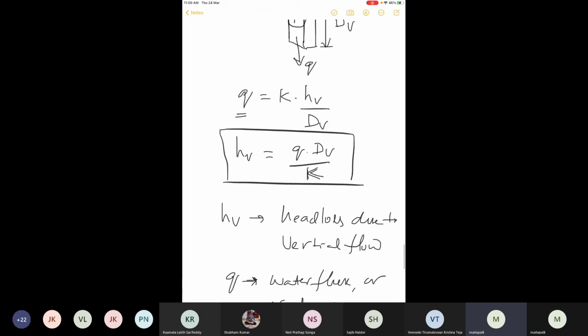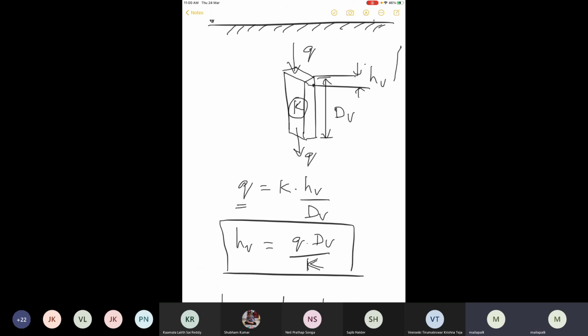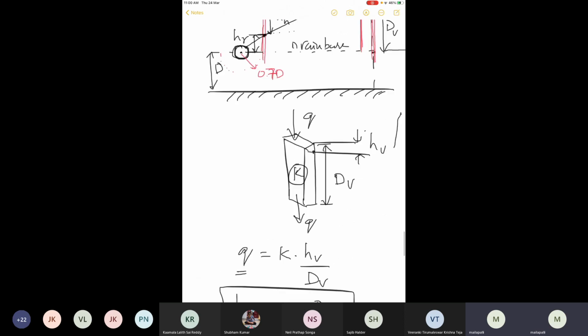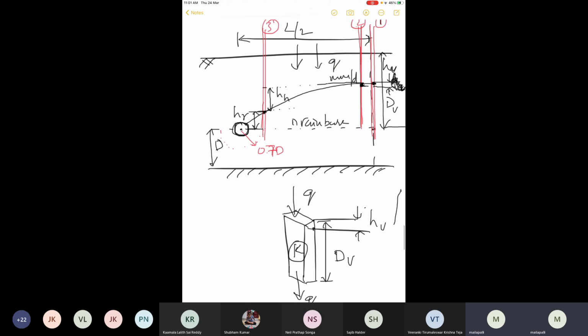I'll stop here. If you have any questions, let me know. Whatever we got is exactly from this part. I'm just taking a small segment from there. Q is adding on top and Q is coming down.